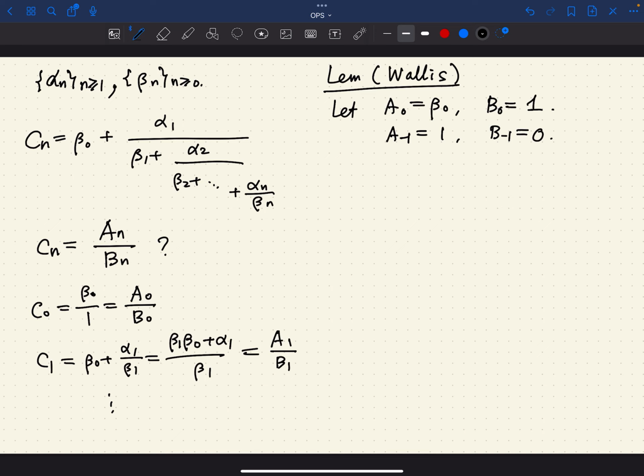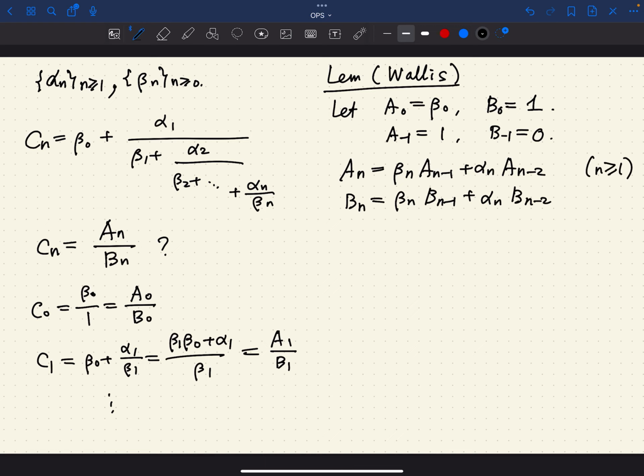Define this, and then we're gonna define A_n recursively using this recursion. Actually, A and B have the exact same recursion, only the initial conditions are different, for n greater than or equal to 1.